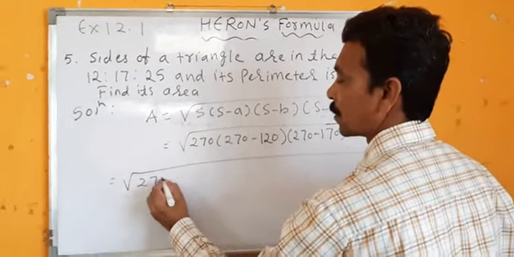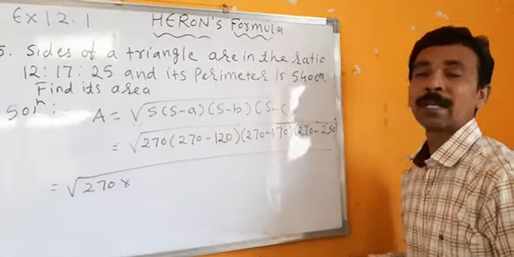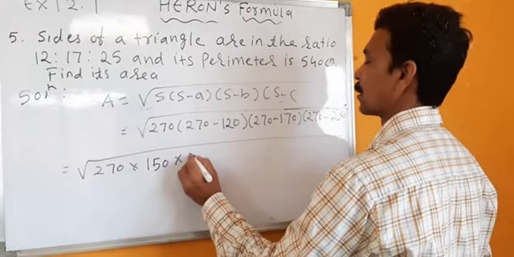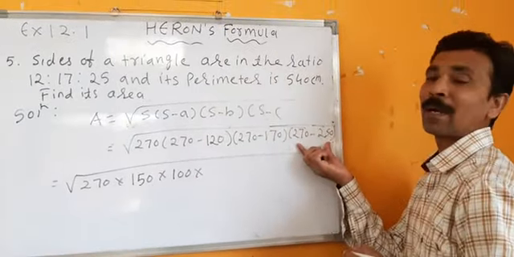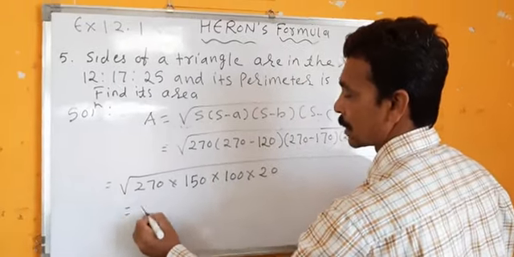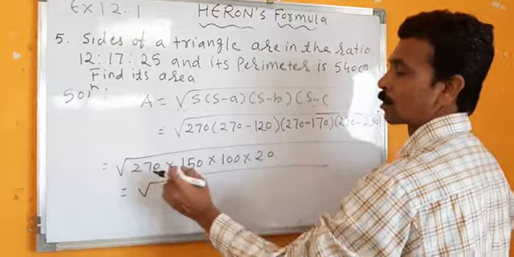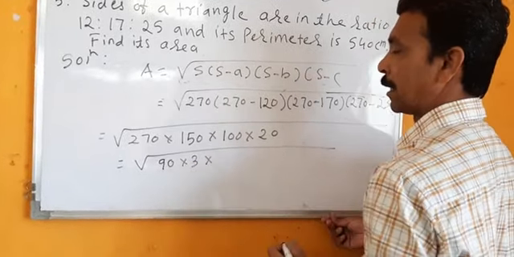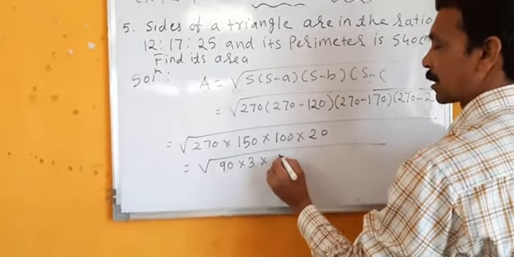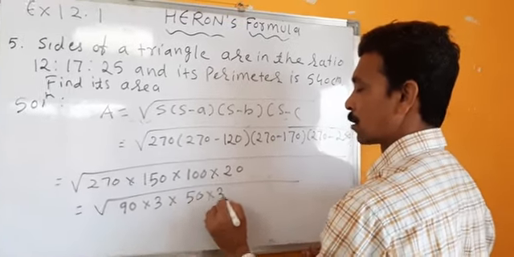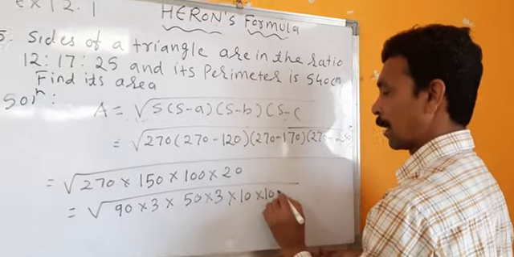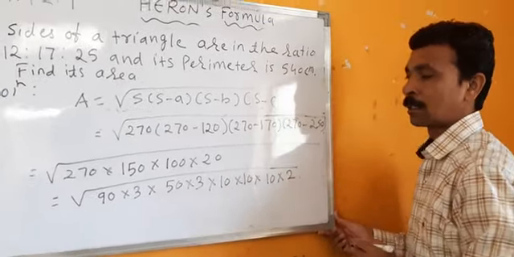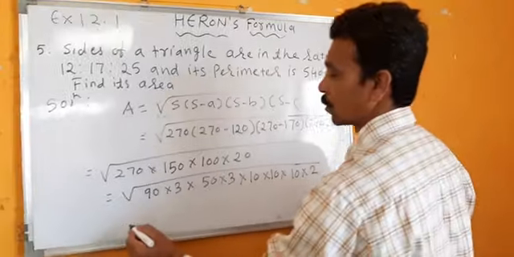This is 270 into 270 minus 120 is 150, into 270 minus 170 is 100, into 270 minus 250 is 20. 270 can be written as 90 into 3, into 150 can be written as 50 into 3, into 100 means 10 into 10, into 20 means 10 into 2.